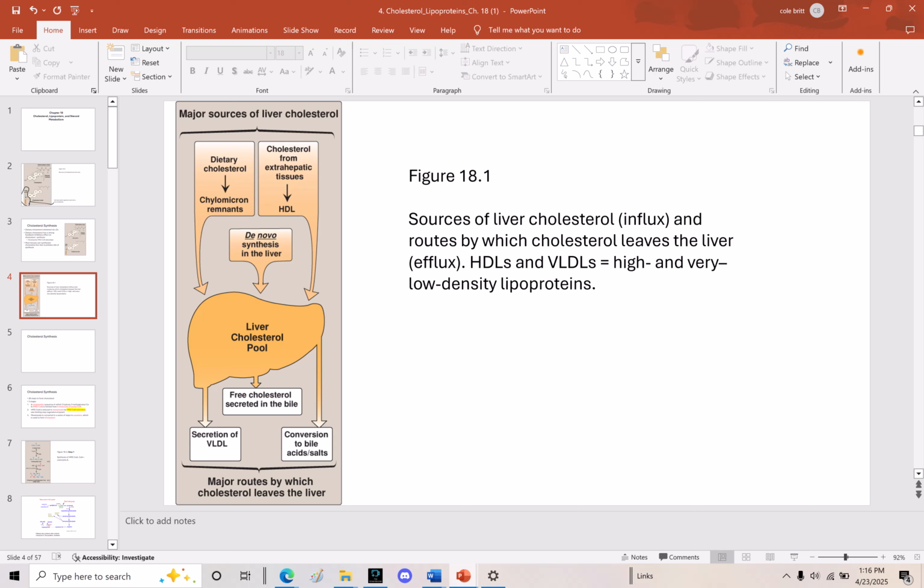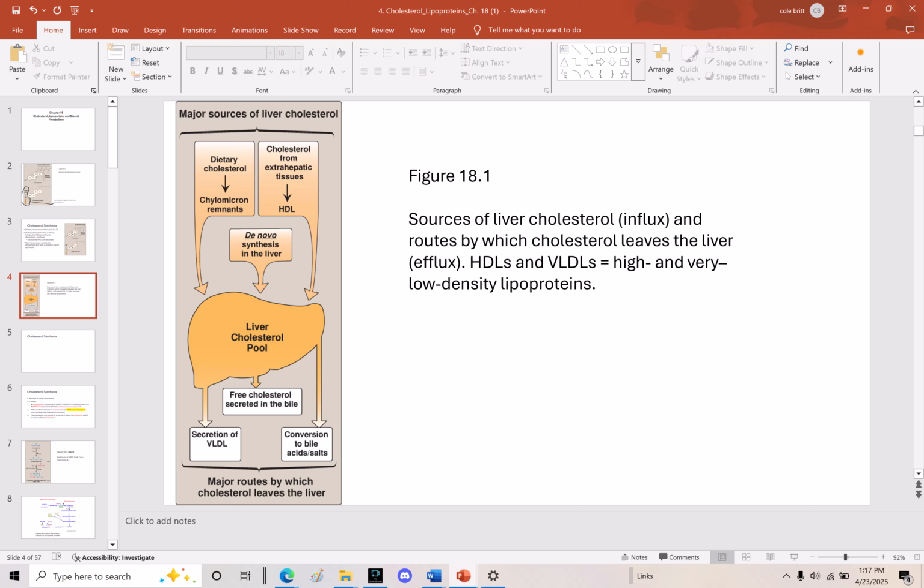So that's why HDL is called the good cholesterol, because HDL's job is to carry excess cholesterol back to the liver. LDL is called a bad cholesterol because it's taking cholesterol from the liver and dropping it off to tissues. HDL is picking it up and bringing it back to the liver so it can be disposed of properly.